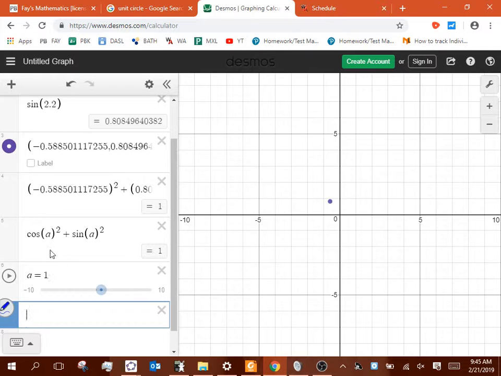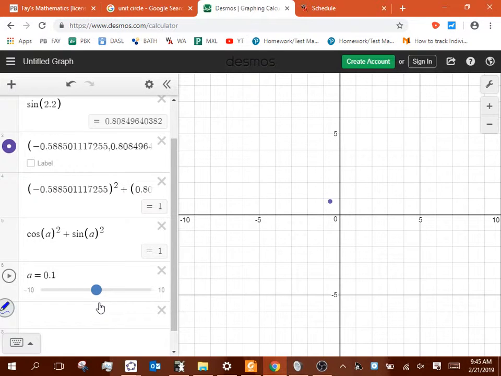Yes, I want to add a slider. So it gives me this, right? Well, cosine of A is kind of like putting in this number right here. It's negative 0.588. And sine of A will then be putting in the 0.808 that was associated with the same 2.2, right? Well, if I do that, but I let A be anything, and I start moving this A value, what do you see that happens with that value right there of 1?